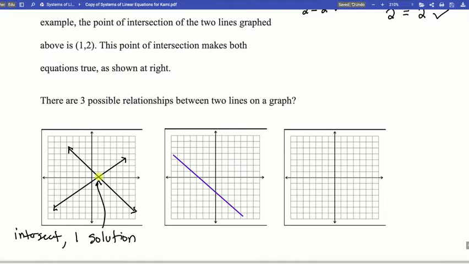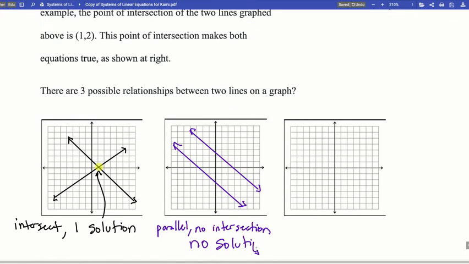If the lines are parallel, the definition of parallel lines is that they will never, ever intersect, which means there are no solutions to the system.